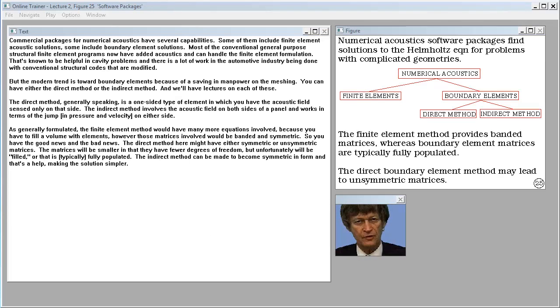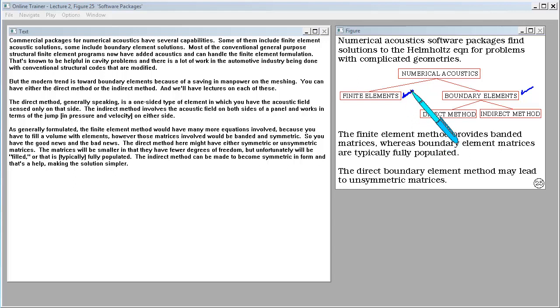Commercial packages for numerical acoustics have several capabilities. Some of them include finite element acoustic solutions, some include boundary element solutions. Most of the conventional general purpose structural finite element programs now have added acoustics and can handle the finite element formulation.